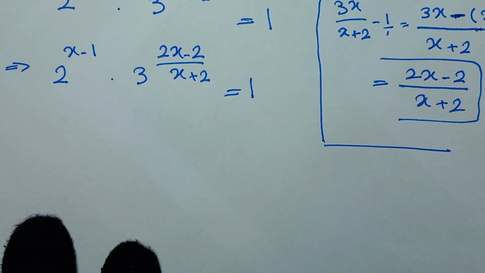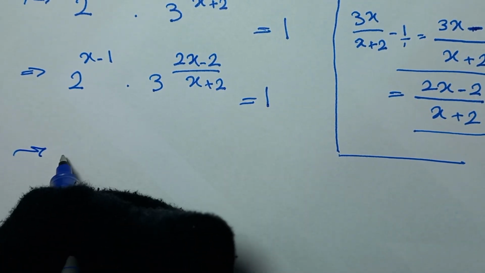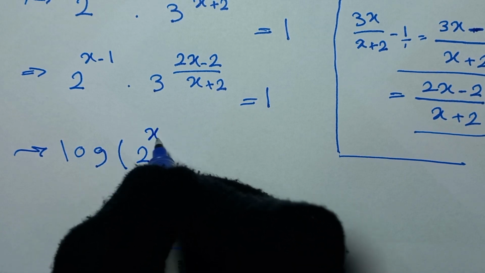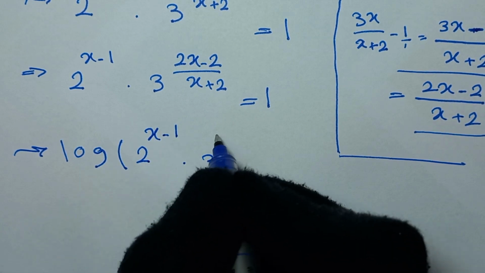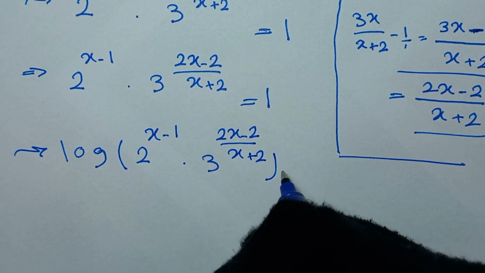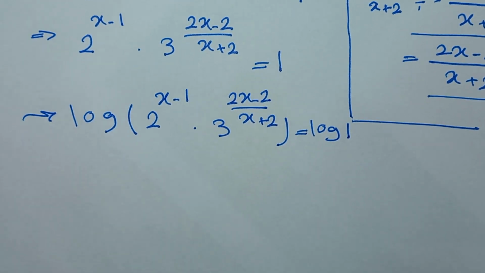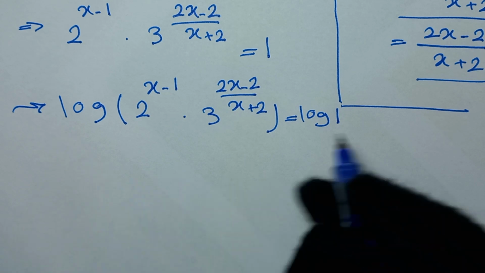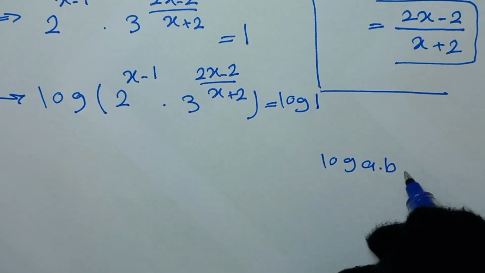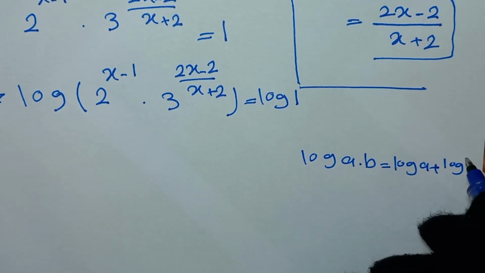And in next step, we apply log to both sides of this equation. So it will be log of this 2 to power of x minus 1 times 3 to power of 2x minus 2 over x plus 2 is equal to log of 1. And in next step, from log rules, if we have log of a times b, this is equal to log of a plus log of b.